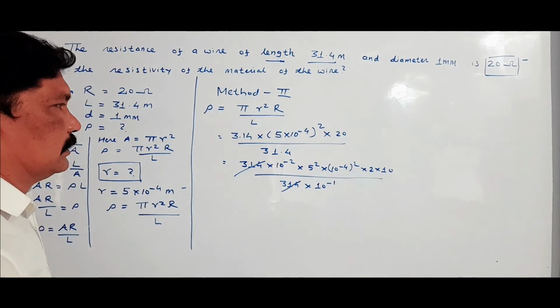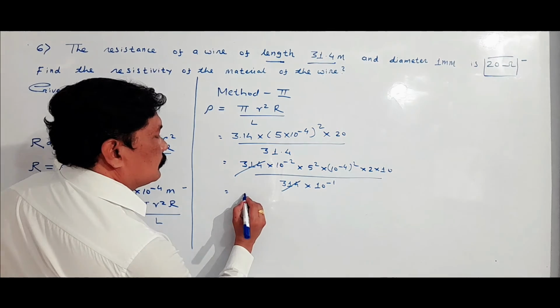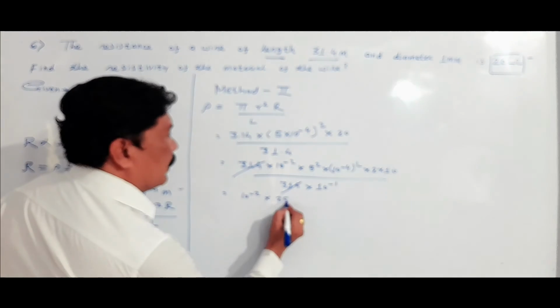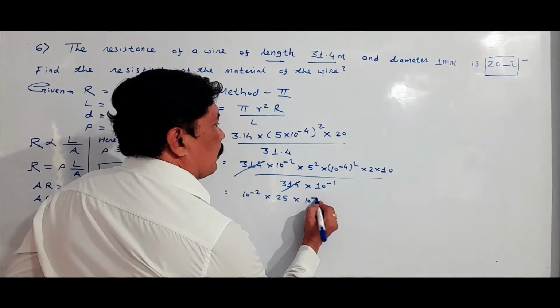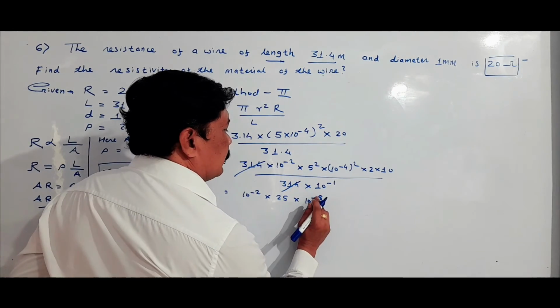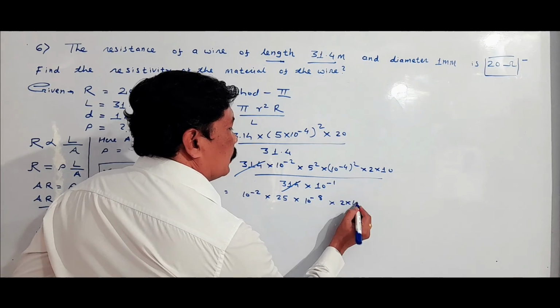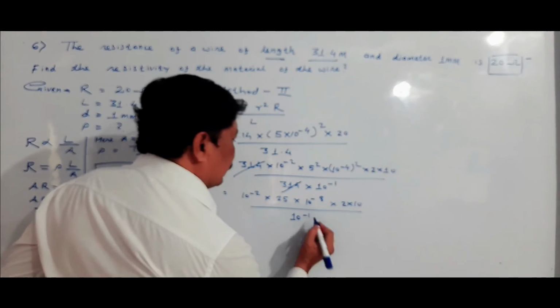314 cancel. 10 to the power minus 2 into 5 5 are 25 into 10 to the power minus 4 twice, that is minus 8, into 2 into 10 upon 10 to the power minus 1.